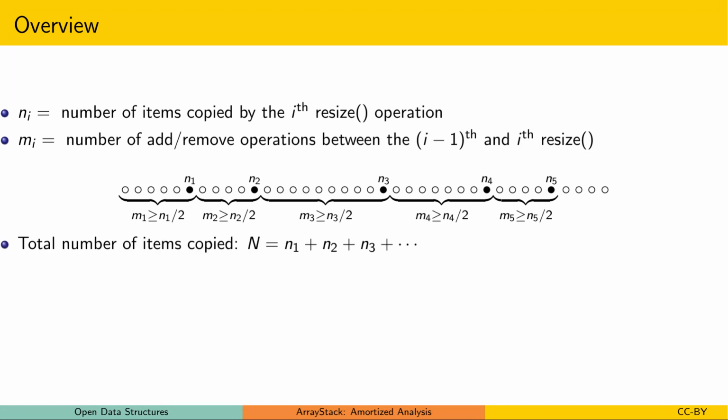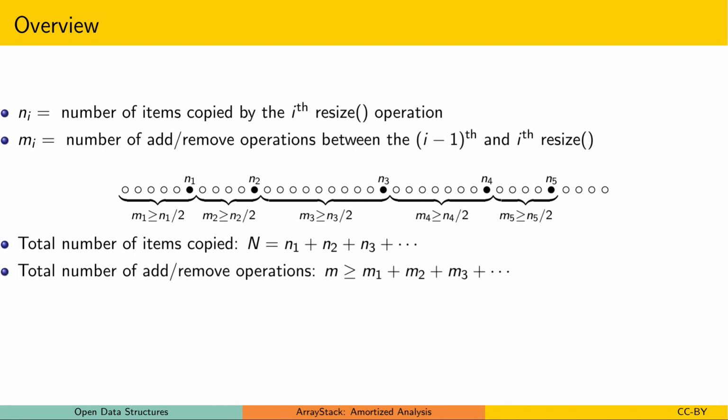Let's summarize. The total number of items copied by resize is the sum of the n sub i's. The total number of add and remove operations is at least the sum of the m sub i's. But each m sub i is at least half of n sub i. This means that the total number of add and remove operations is at least half the total number of items copied by resize.